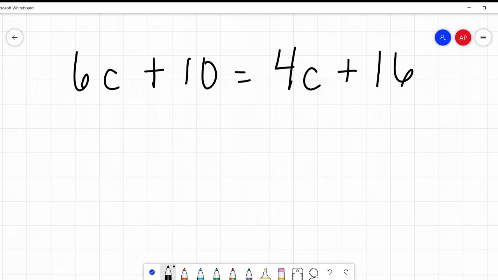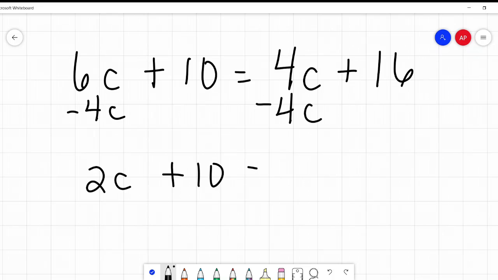Since this is a positive 4c, to undo that, to get rid of it, I'm going to subtract 4c from both sides. On the left side, 6c minus 4c is 2c. Still have that plus 10. On the right, 4c minus 4c is 0, so that's gone, and I just have 16. Now I want all the numbers on the opposite side from the variables.